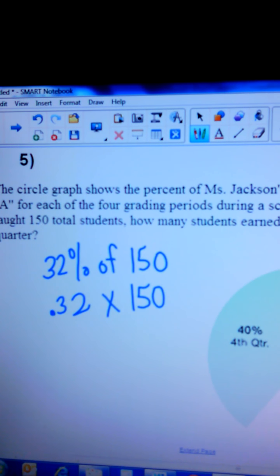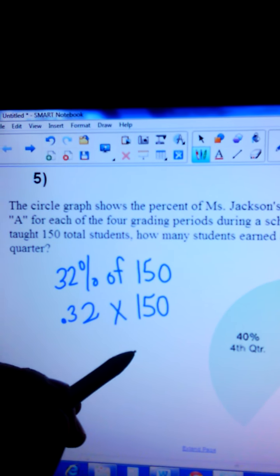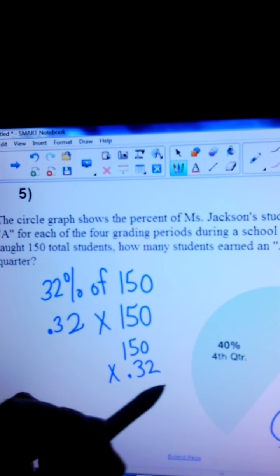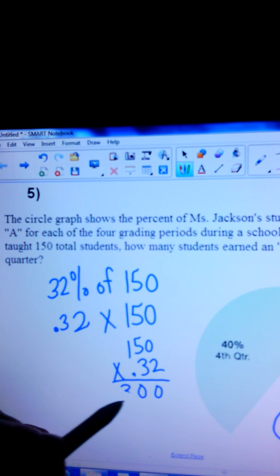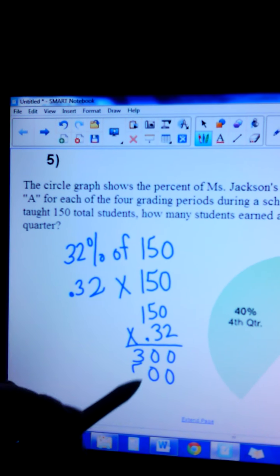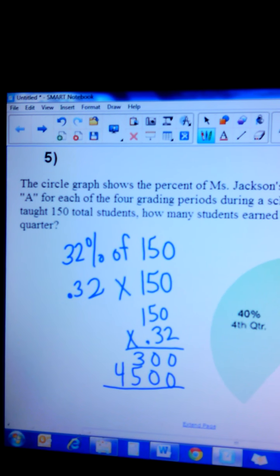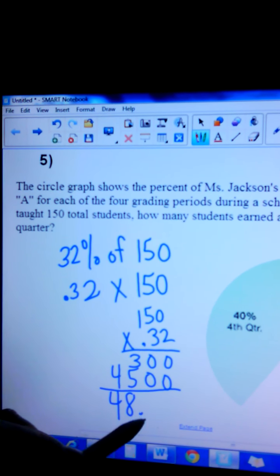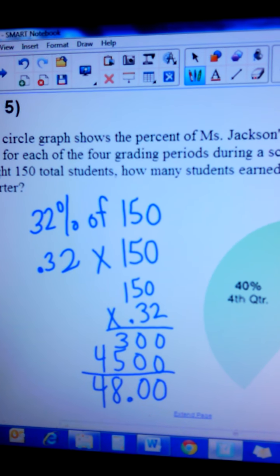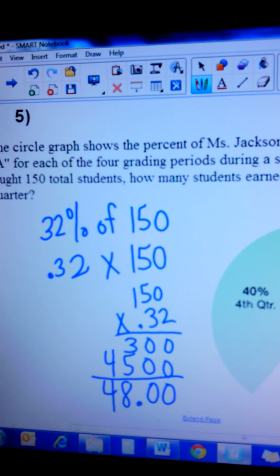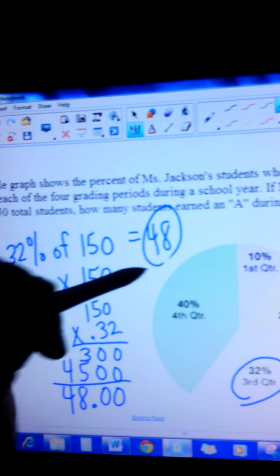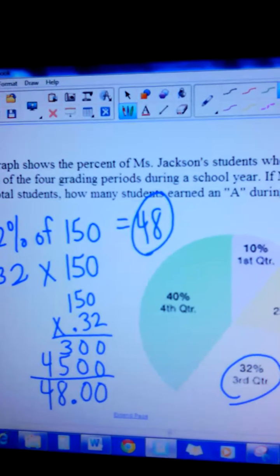We just multiply our numbers to get the answer. Basically, our final answer, 48 students earned an A during the third quarter.